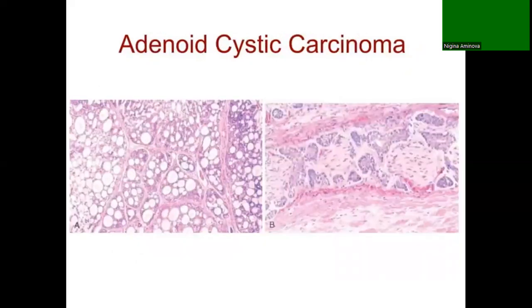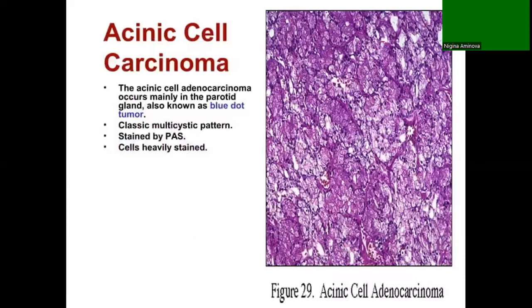Here are some other demonstrations. Acinic cell carcinoma. The acinic cell adenocarcinoma occurs mainly in the parotid gland, also known as a blue dot tumor. In the demonstration you can see the literal blue dot tumor. Classic multicystic pattern stained by PAS. Cells heavily stained.